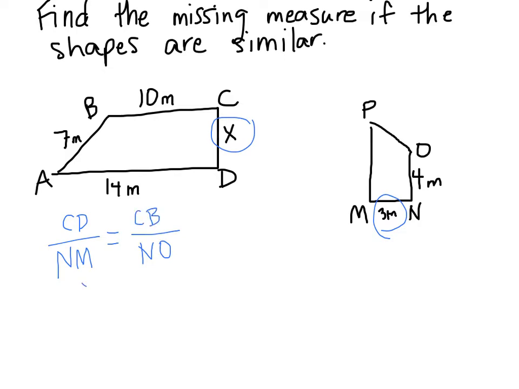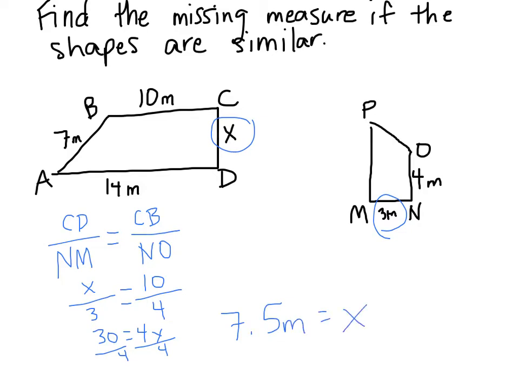And now I plug in my numbers. X over 3 equals 10 over 4. And then I cross multiply. 30 equals 4x. Divide by 4, divide by 4. 7.5 meters equals x.